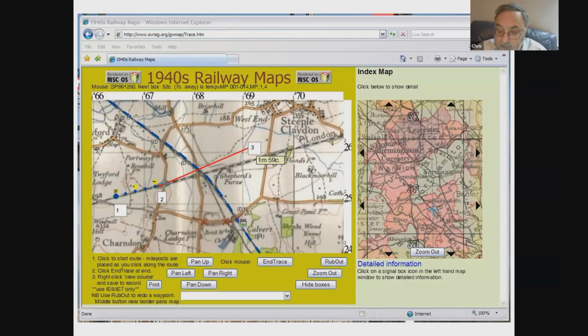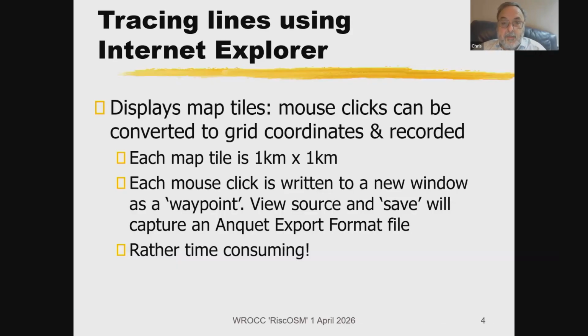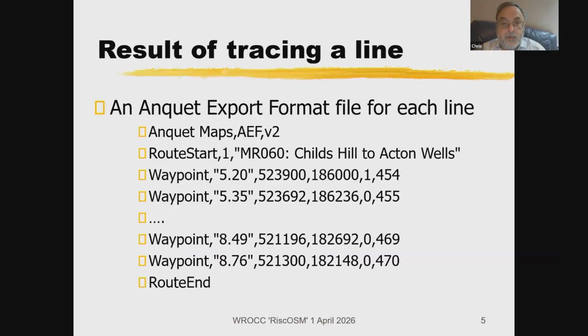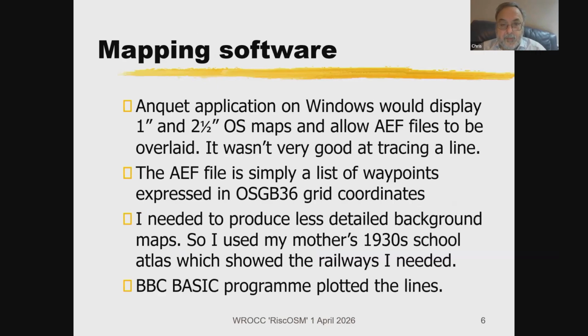So if I move on to the next one, basically it was working out where the mouse was in terms of grid coordinates, written to another window, and it was all rather time consuming and horrible, hacky and what have you. That's what it produced, an adequate export format file for each line, which had all the grid coordinates in. So I was tracing lots and lots and lots of lines.